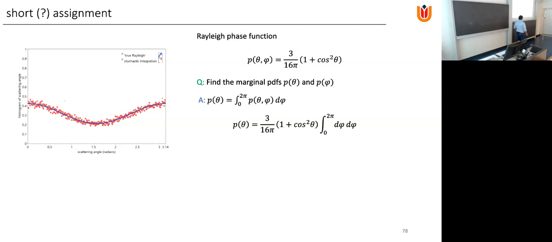Any integral from 0 to 2 pi of d phi is simply a factor of 2 pi. So that factor of 2 pi I can match with the 16 pi that is in the denominator, and I end up with this final probability density function of angle theta. So theta only, so 3 over 8 times 1 plus cosine squared theta.